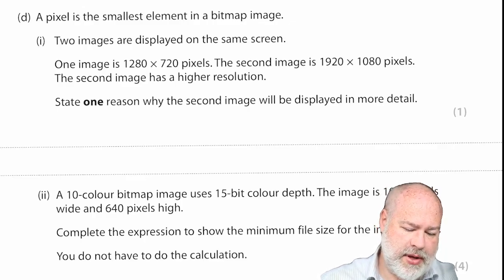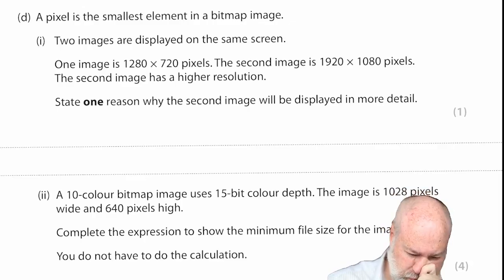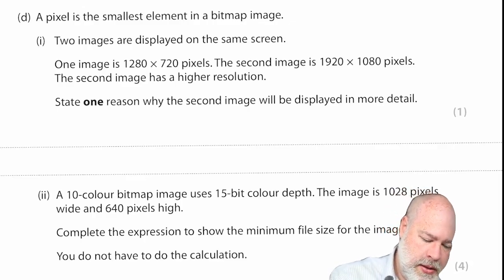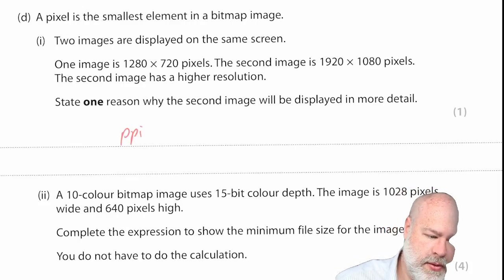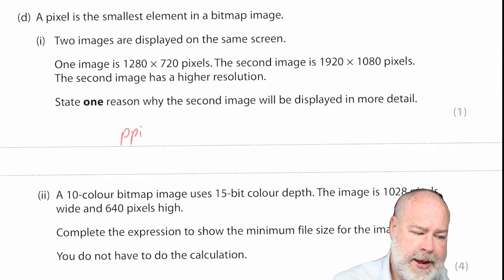So if it's high resolution, don't overthink this. You could say that the PPI, pixel density, the amount of pixels per inch, is higher.